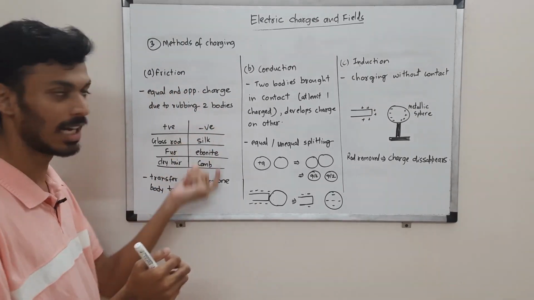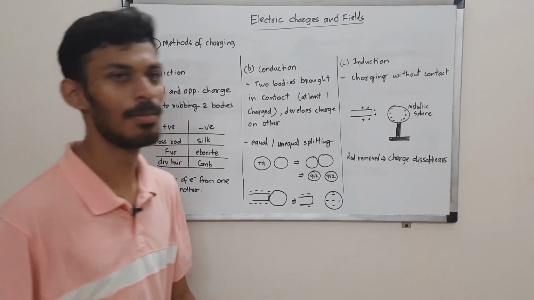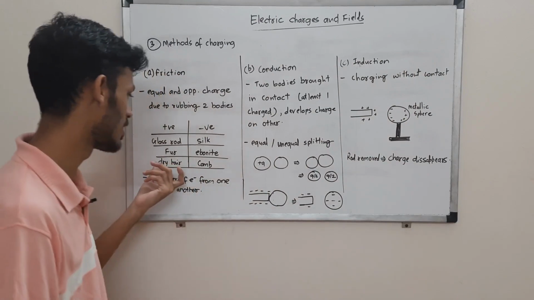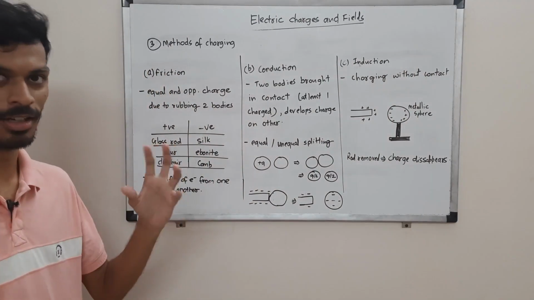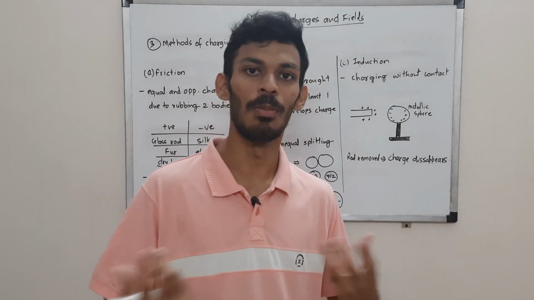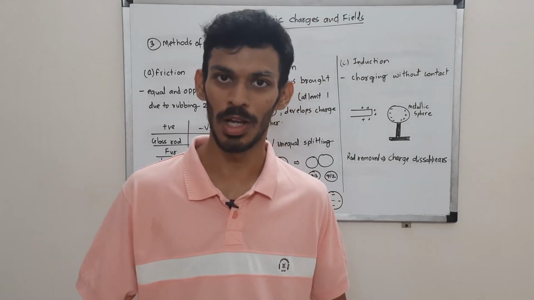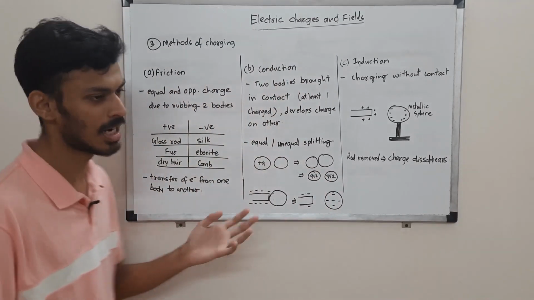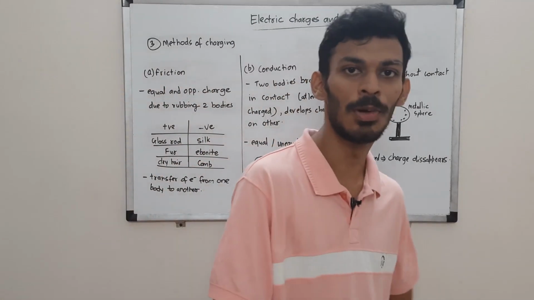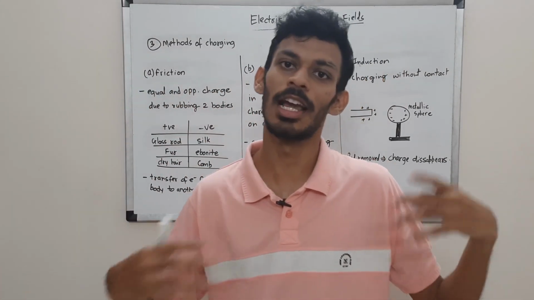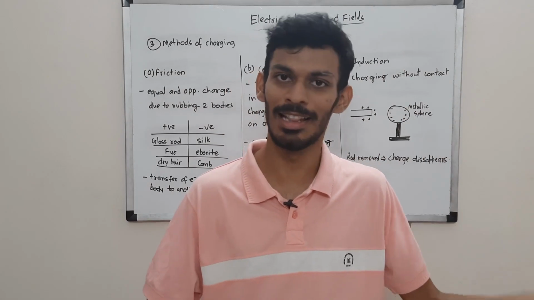So it becomes negatively charged and that can help attract the bits of paper by polarization. That is a different mechanism, but you get the point. Two materials can be equally and oppositely charged by rubbing them against one another. This is charging by friction. It happens because of transfer of electrons from one body to another, which leaves one lacking electrons and the other with an excess: positively charged and negatively charged.